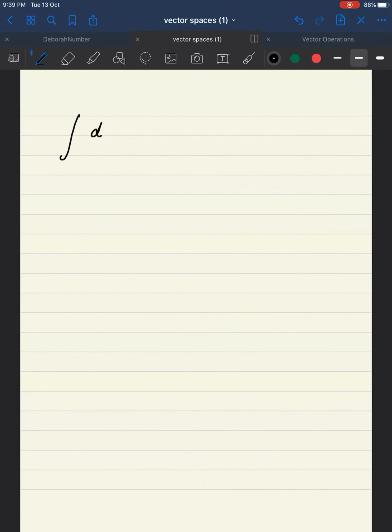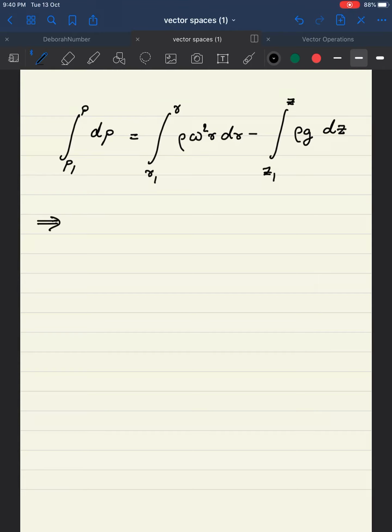So let's say you have dp, you are integrating from P1 to P, and you are integrating from some location R1 to R, and you have rho omega square r dr, and you are integrating from some Z1 to Z. So you will end up with P minus P1. This has now become very, very straightforward for all of us.